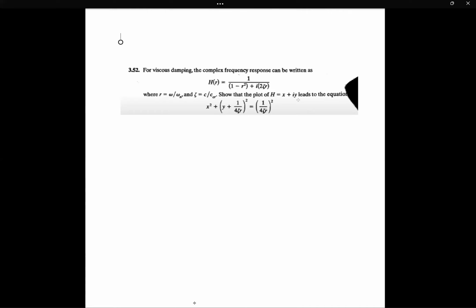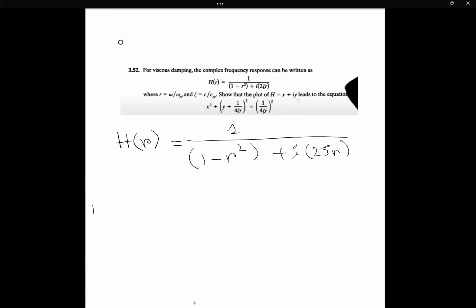So here H(r) is given as 1 divided by 1 minus r square plus i2 zeta r, and our ultimate goal is to express it in the form of x plus iy, so that we can find the value of x and y.